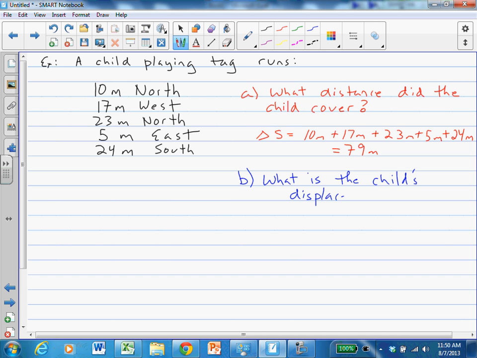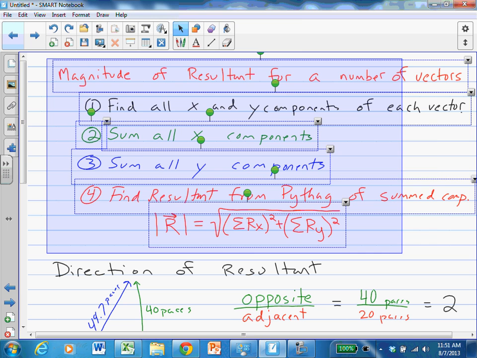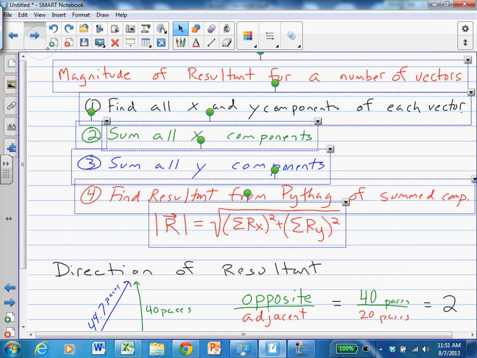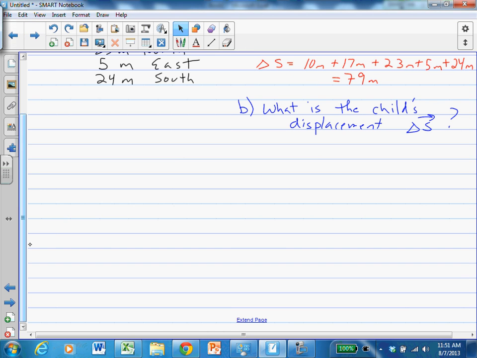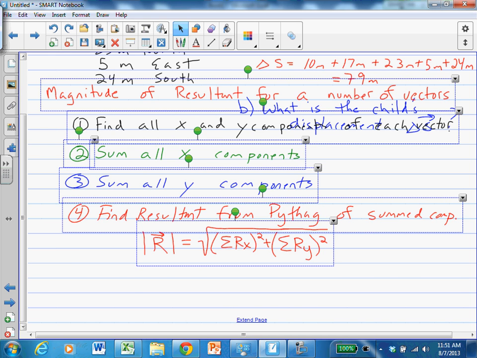Okay? For that, we have to go back to our list of things to do. So let's copy this first. So first, let's find the x and y components of each vector.